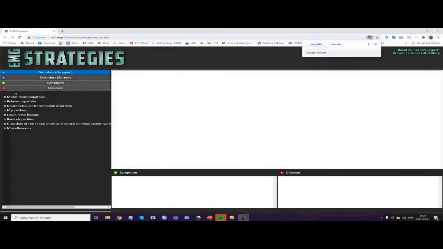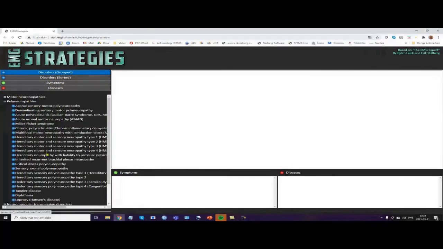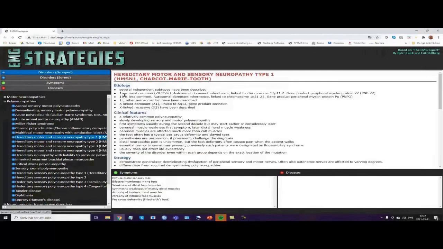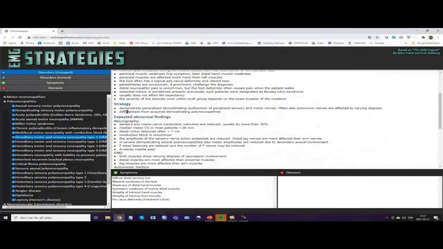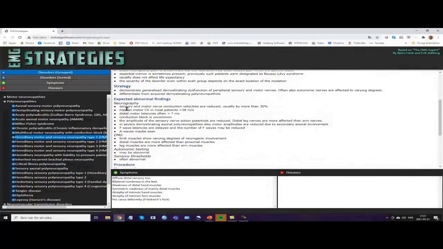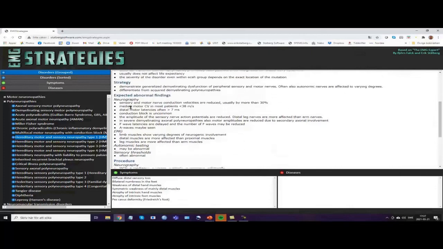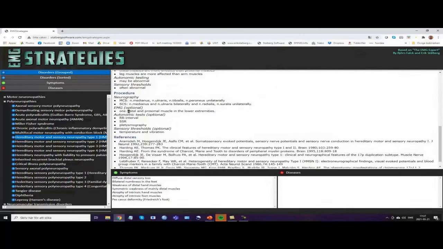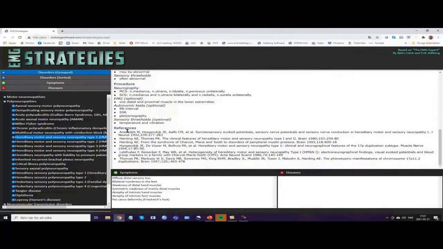And here we can, for example, go into polyneuropathy, and then we see listed many polyneuropathies, and I just press one, and that happens to be Charcot-Marie-Tooth, where we have etiology, clinical feature, strategy, and then the EMG and neurography. Here is what we expect as abnormal findings, and here's the procedure itself, in which way we are doing that, and then references.